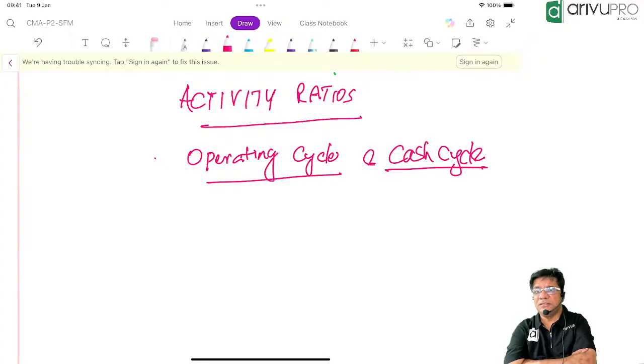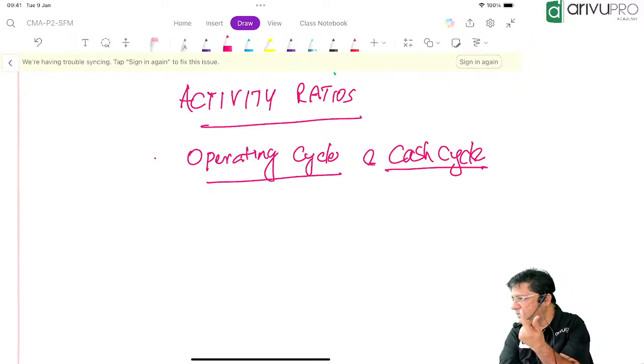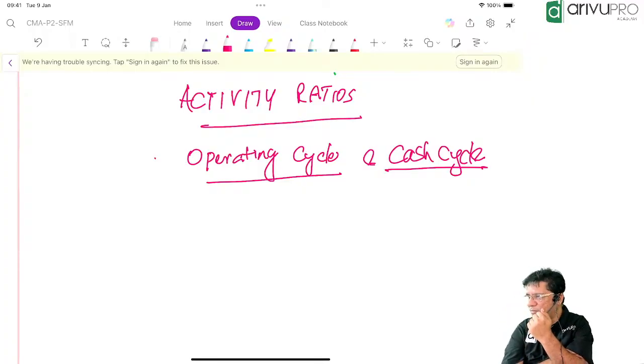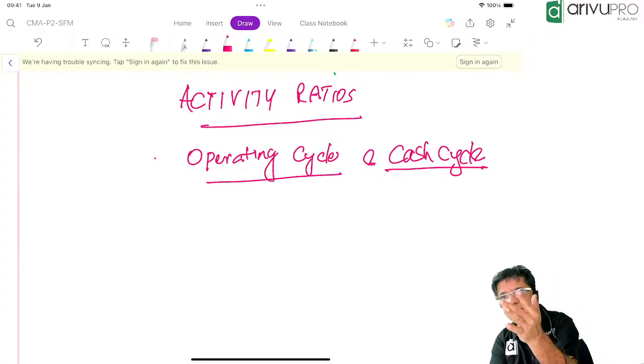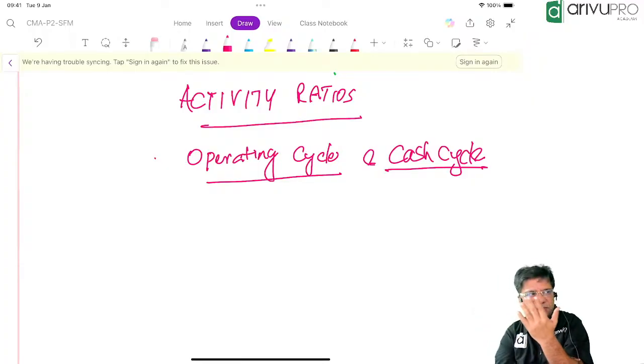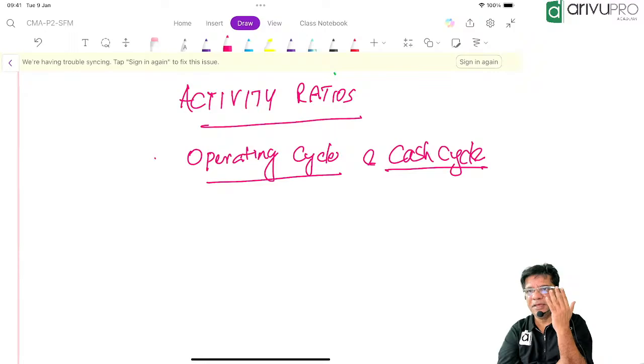So there are many things happening during this period. It will not happen suddenly. First you will purchase the raw materials. When you purchase the raw material from a supplier on credit, what is the journal entry? Debit inventory, credit supplier account.